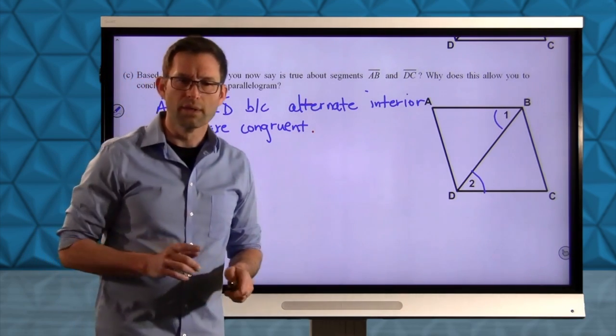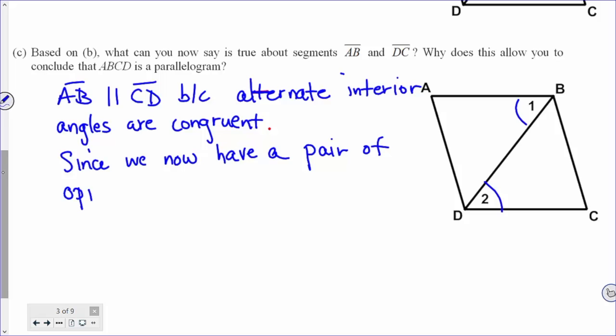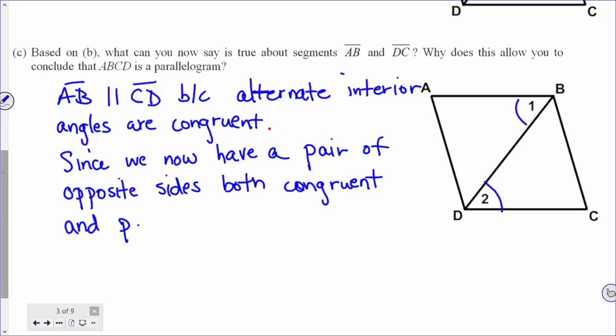And one of the other ways simply is, since we now have a pair of opposite sides both congruent and parallel, it must be a parallelogram.